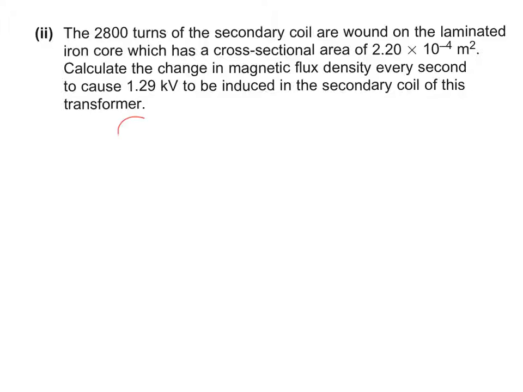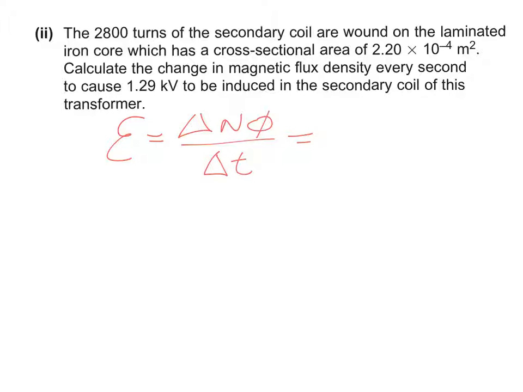So we have an equation for the EMF, and it's that it's the delta of N phi over the change in time. We are interested here in the B value.